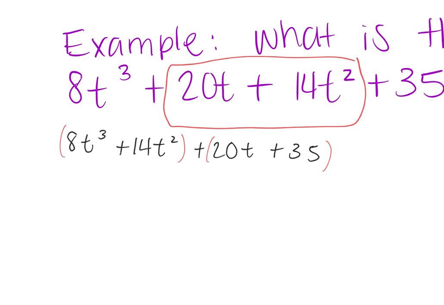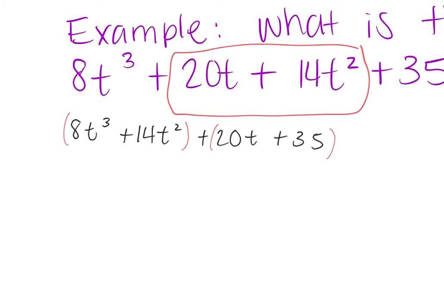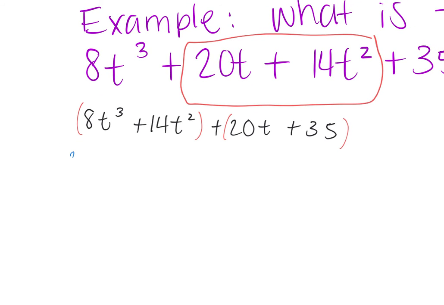Now, guys, what we have to look for is the greatest common factor between 8t cubed and 14t squared. Roy, what do you think it is? 2, and what else? 2t.